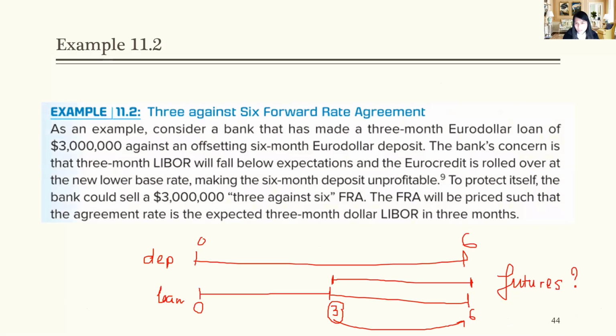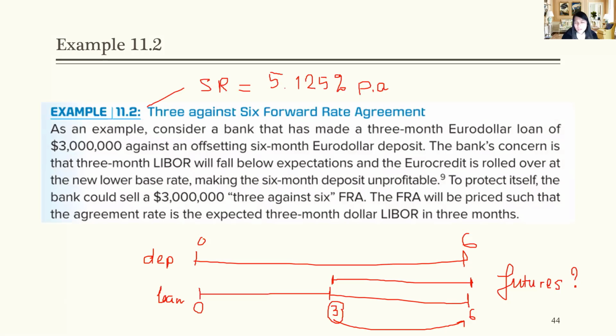One thing I didn't show you on the slide is that in example 11.2, the expected future settlement rate was, I think, 5.125%.